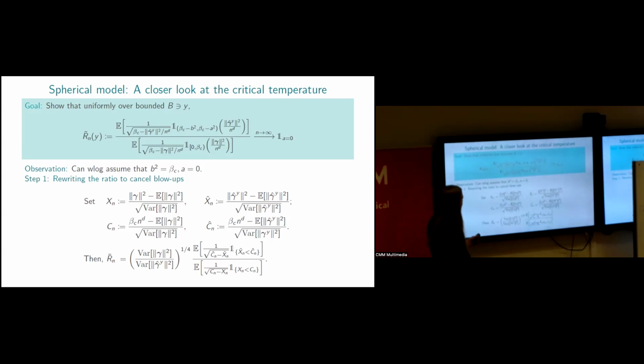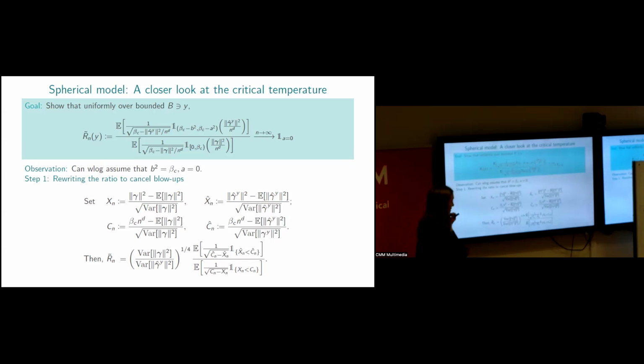Once we rewrite it, we have the ratio of variances, which is super easy to show converges to 1. Then we look at these expressions. Of course, we won't have almost sure convergence of these variables, but we'll have convergence in law. So we would like to use the Portmanteau theorem, which allows us to pull the limit inside in some sense. Again, here is a singularity, so we need some way to know that this singularity won't cause any problem, so that we can use the Portmanteau theorem.